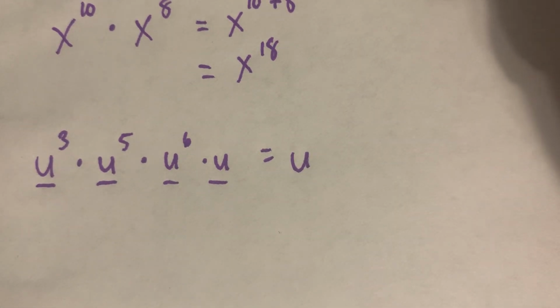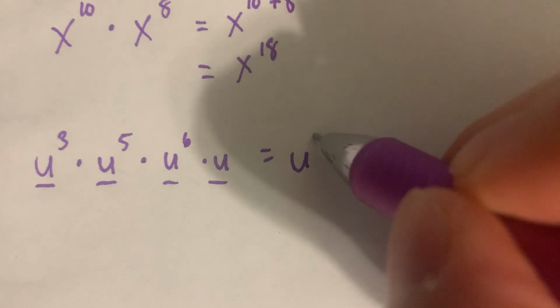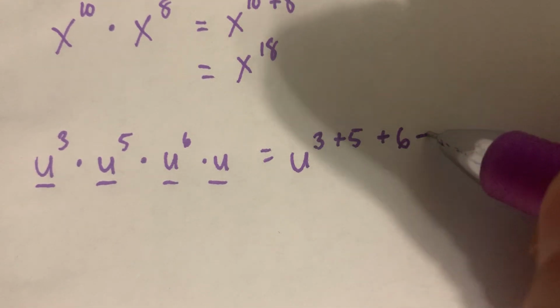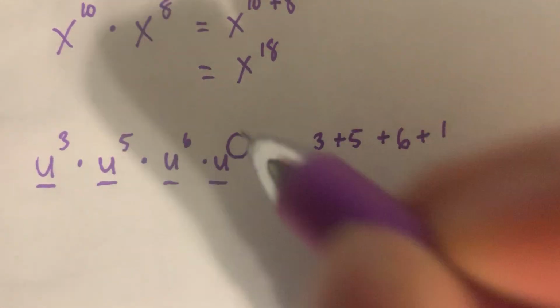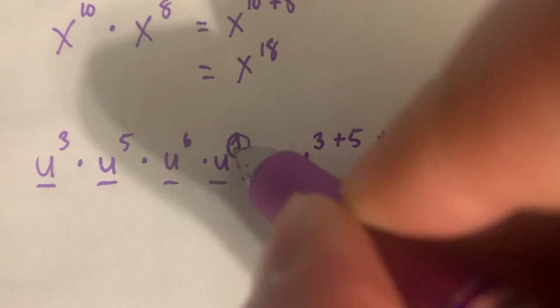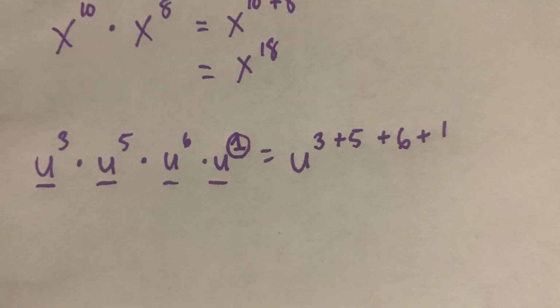So this is equal to u to the 3 plus 5 plus 6 plus 1. Remember, there's no exponent there, but that means there's an invisible 1 there. So don't forget that invisible 1.